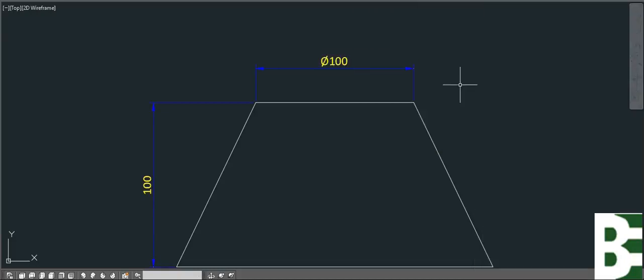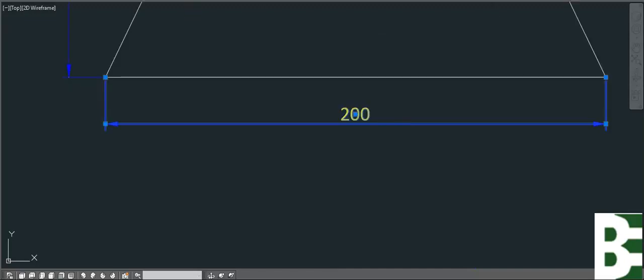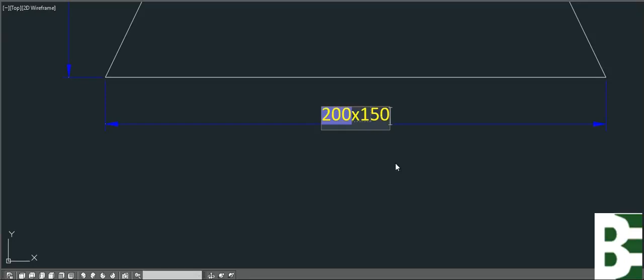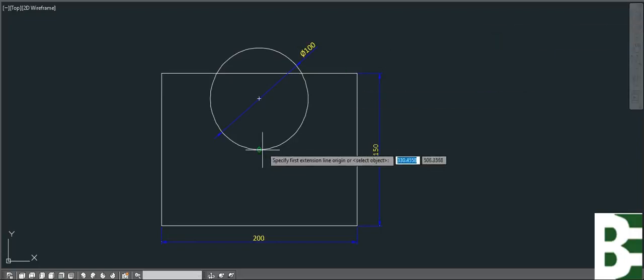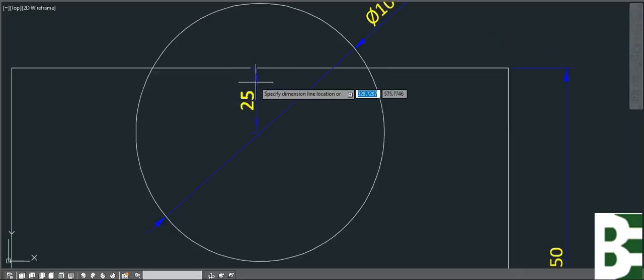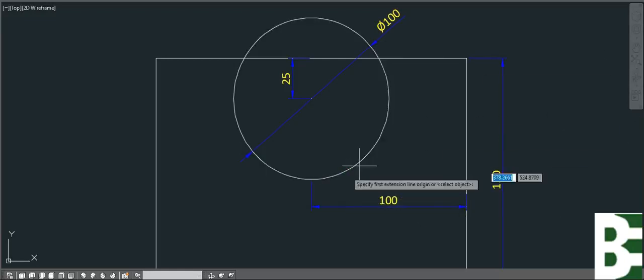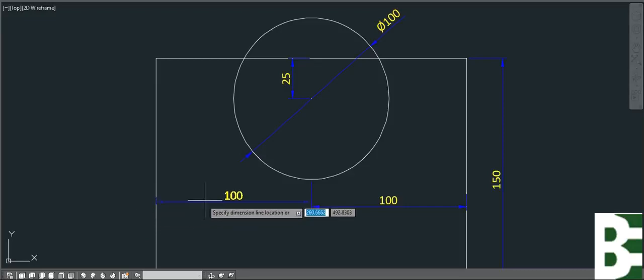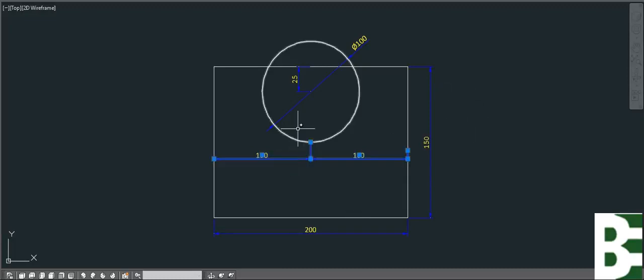Now I will put the symbol of diameter, and from the bottom is 200. These are all dimensions from the top. You can see.